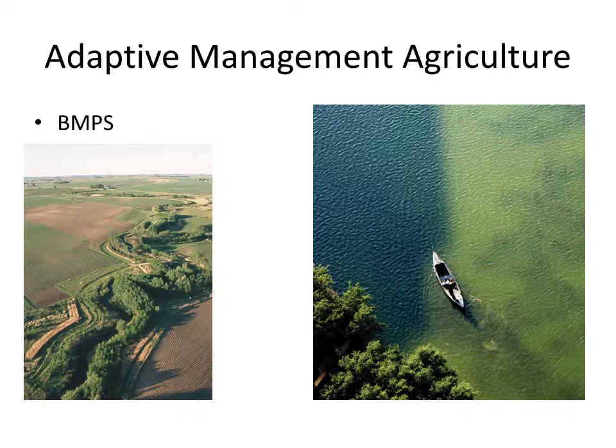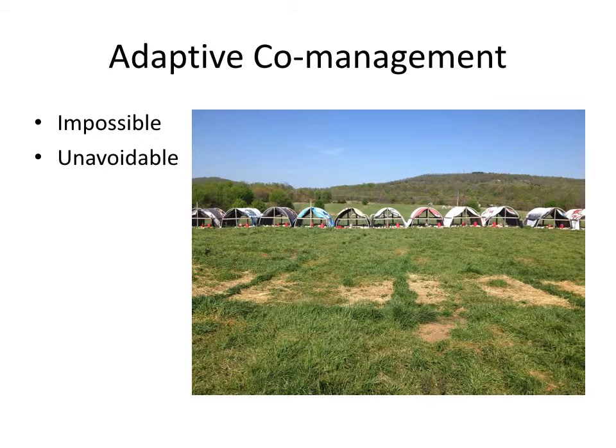Because of this social dynamic of the ecological landscape, another approach or paradigm to natural resource management has been proposed. This is called adaptive co-management. The idea behind adaptive co-management is that you take the iterative cycle of adaptive management.